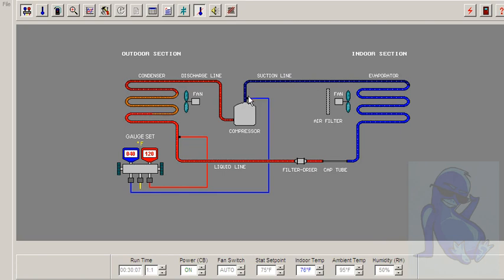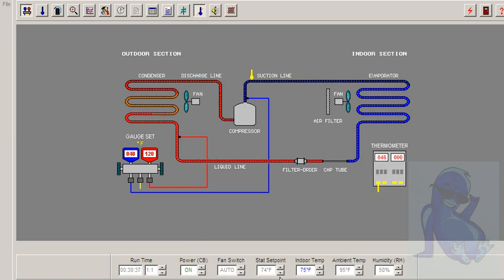Whatever that temperature is warmer than your evaporator change of state, that is your superheat. It is the heat above the change of state in the evaporator. So I'll put a thermometer right there, and we have a 46 degree reading, so we have a 6 degree superheat.